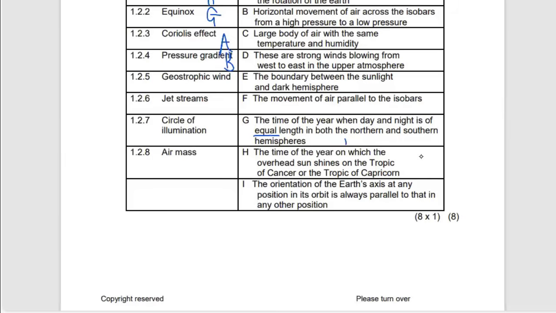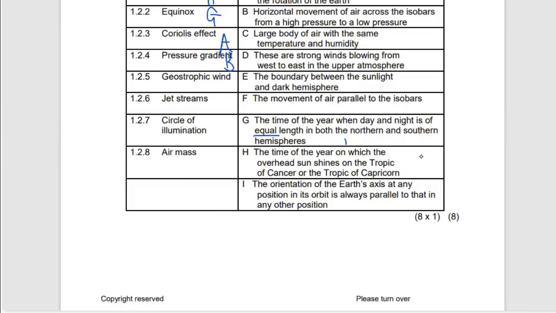Right, we move on to the next question, which is number 1.2.5. It talks about a geostrophic wind. Remember, a geostrophic wind is realized when there is a balance between pressure gradient force and Coriolis effect. When those two come into a state of balance, they produce what we call a geostrophic wind. So the air is blown into what we feel as the wind because of pressure gradient force, and it cuts across the isobars.